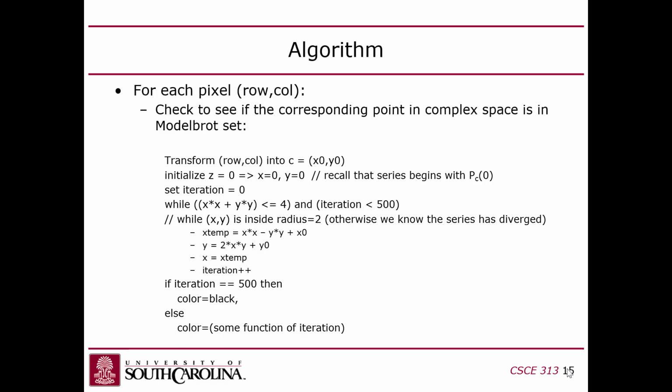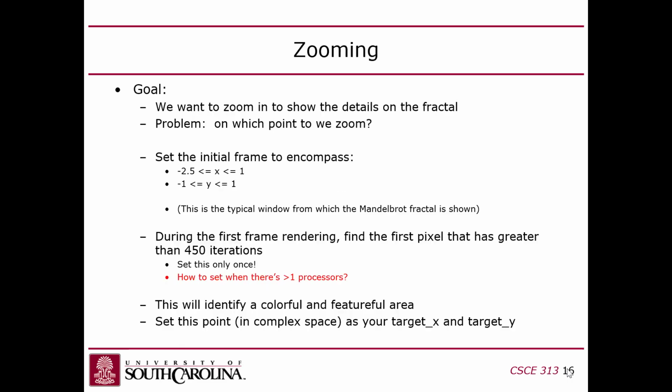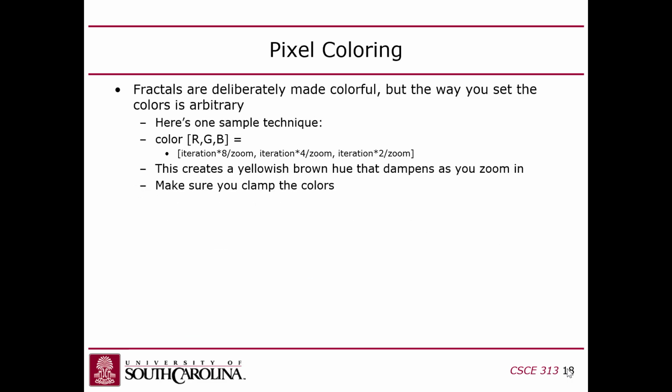The higher the iteration, the more brightly colored it is. But here's the problem though. The color, as you guys know, is a vector, the red, green, and blue value, right? So the problem is you need to convert an iteration value to a 3-dimensional color value.